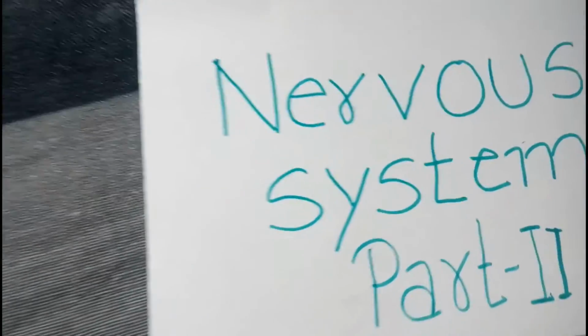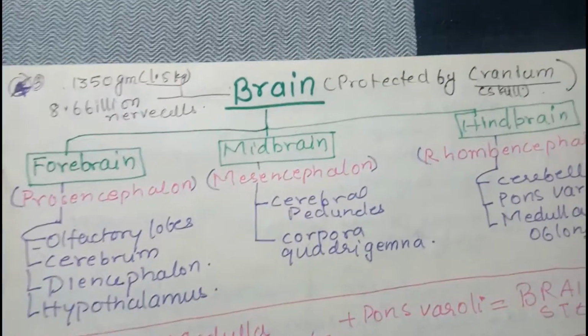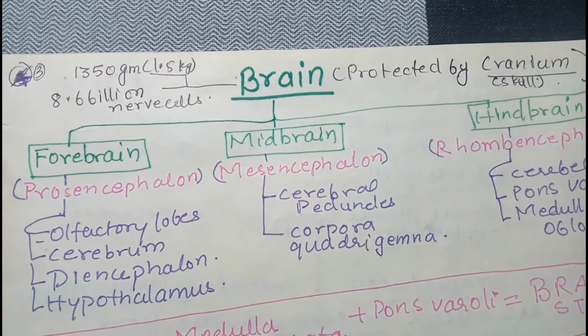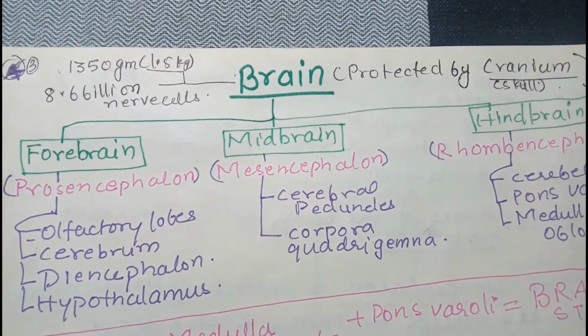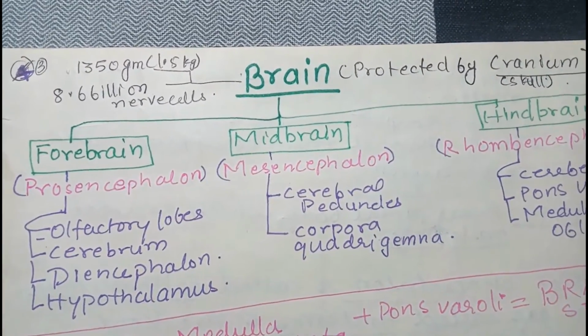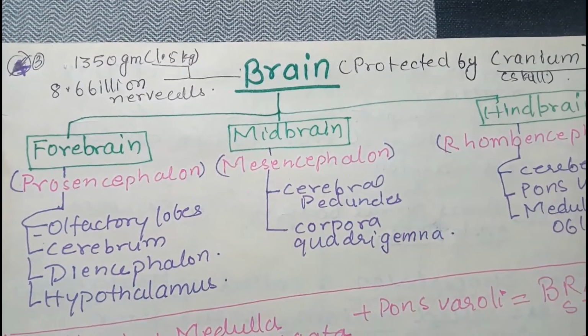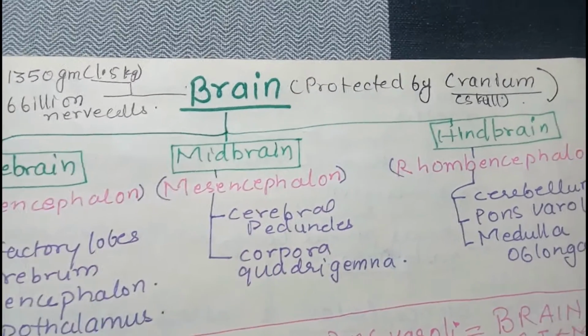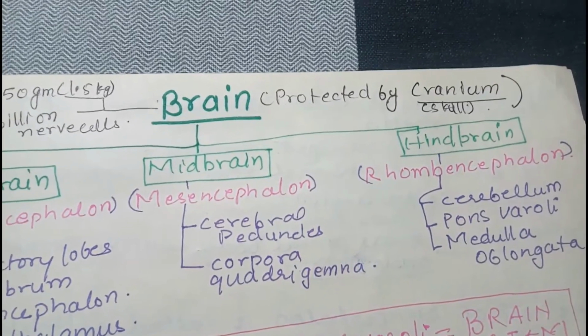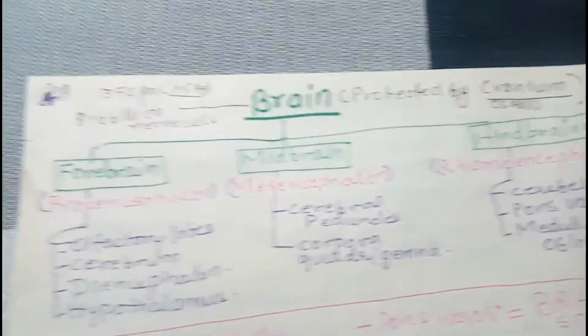Now let's talk about the brain. The brain weighs roughly 1350 grams, which is roughly 1.5 kg, and contains 8.6 billion nerve cells, and it is protected by the cranium. Now we study the brain in three different parts: forebrain, midbrain and hindbrain.